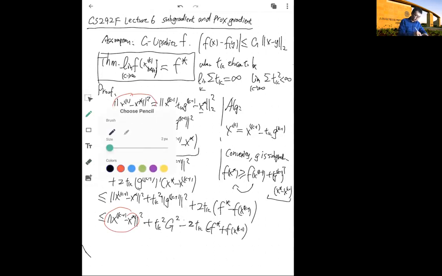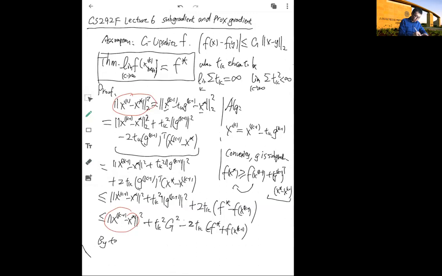So by telescoping for k steps, we get, basically take k to be from 2 to say k, and then just add everything up and cancel everything that's in between.